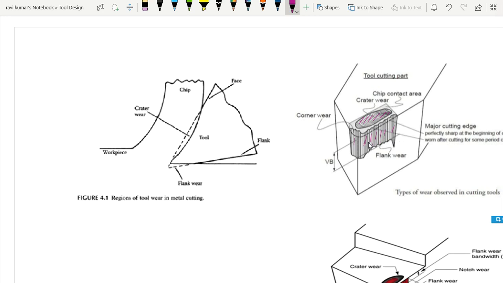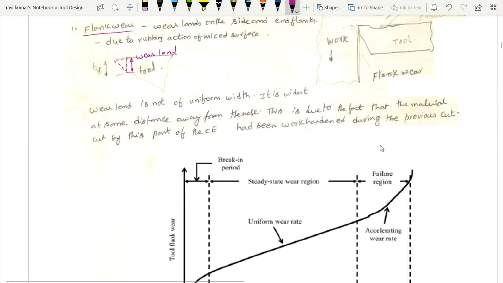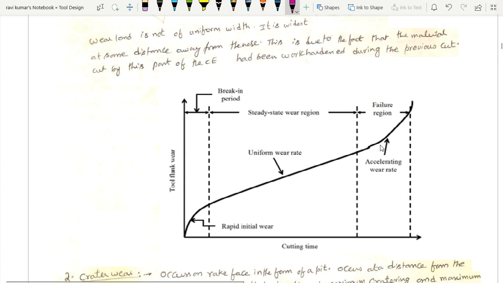But we bother much about the flank wear on the major cutting edge because it performs the majority of cutting, right? One should also understand that this flank wear is a function of time. Once we start using the cutting tool, it is rapid. In the later stage, it is uniform, and in the final stage, it is going to accelerate again, right?